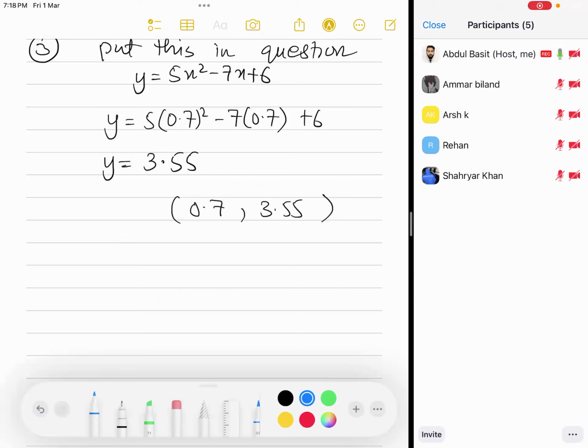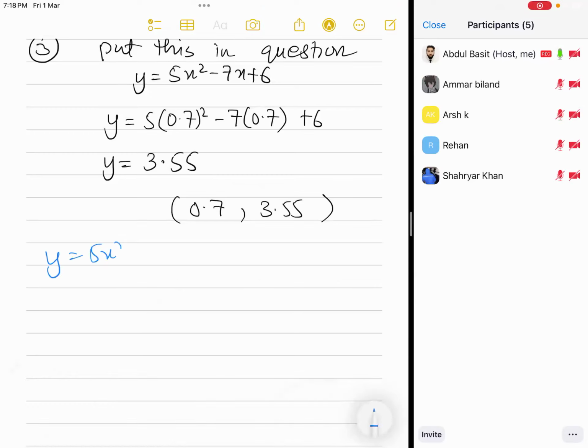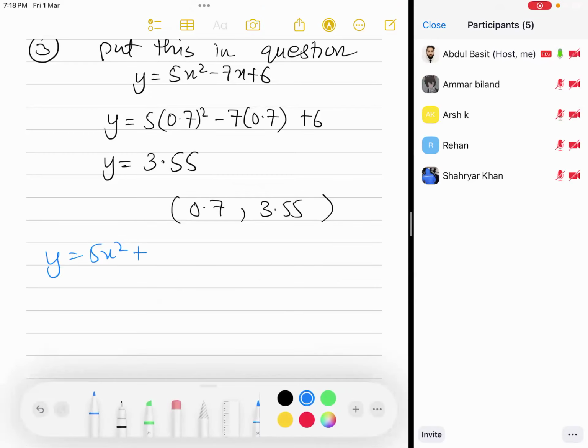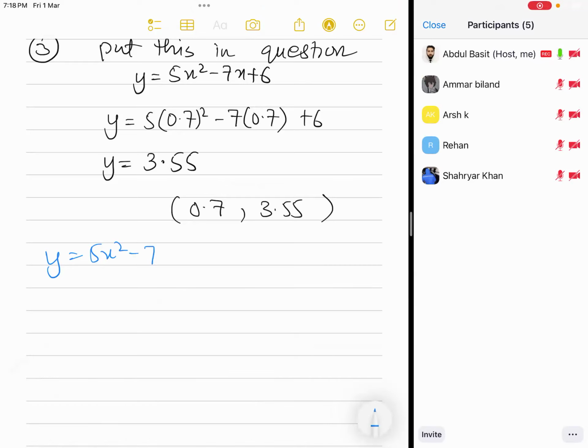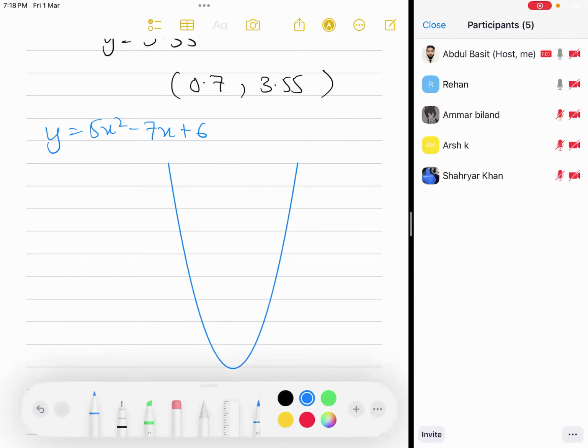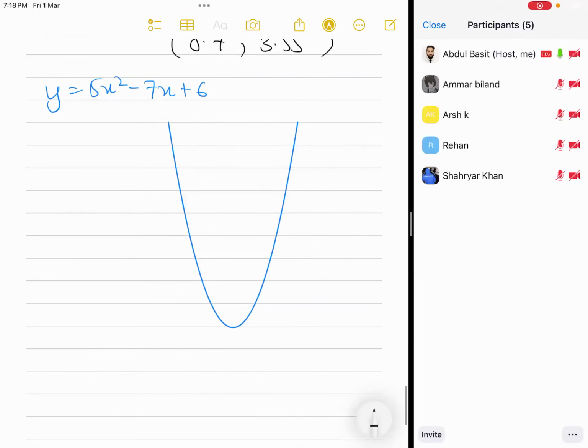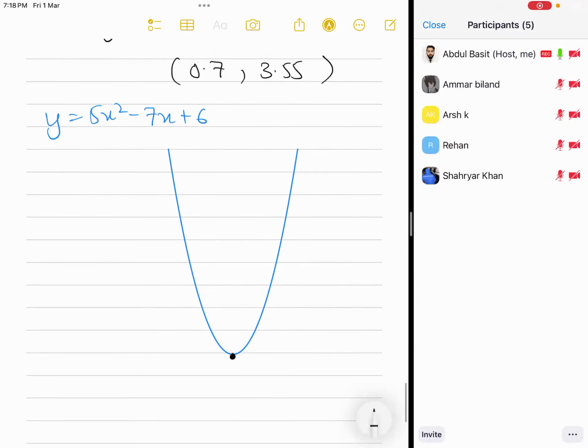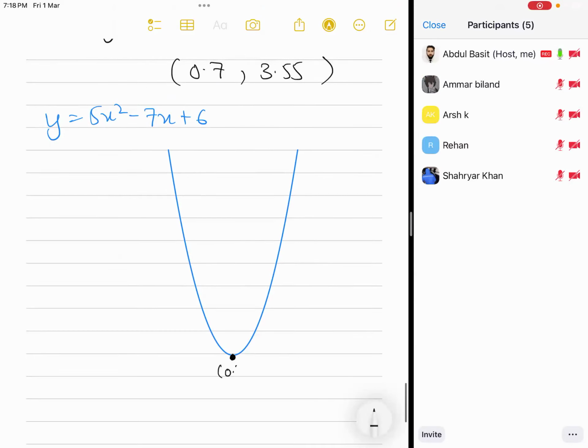You know already that this is a quadratic graph, right, Rehan? Yes, sir. And this is the turning point, with coordinates 0.7 and 3.55. Got it?